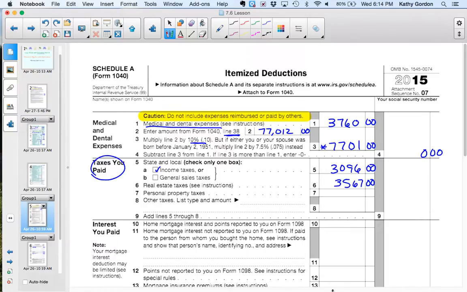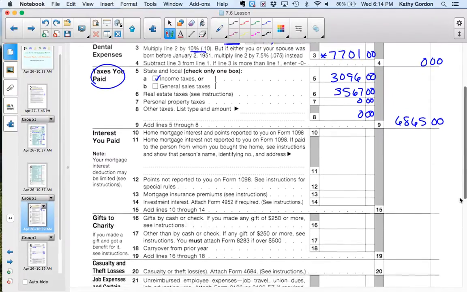We do not have any information about personal property taxes, so we'll assume that's 0. And we have no information about any other taxes, so we'll put 0 for that as well. And so now if we add up lines 5 through 8, we have a total of $6,865 that we've paid in other taxes that we are going to be able to deduct.